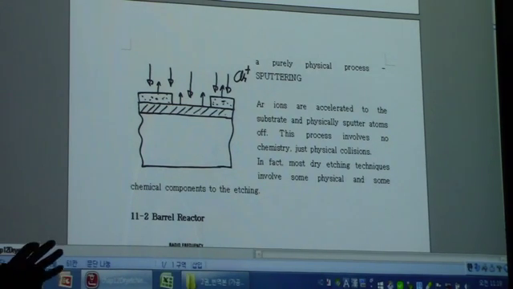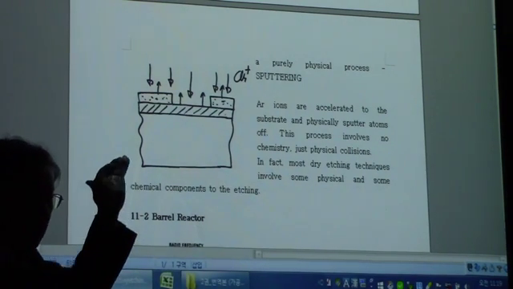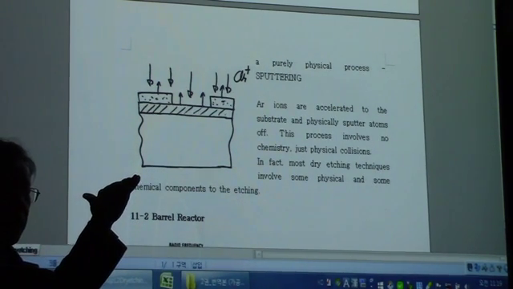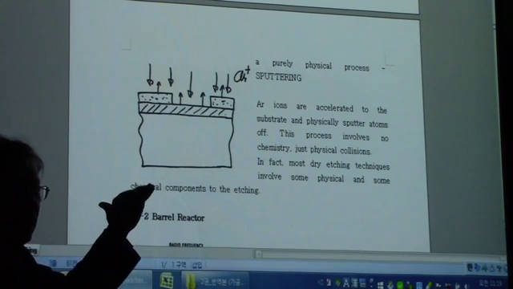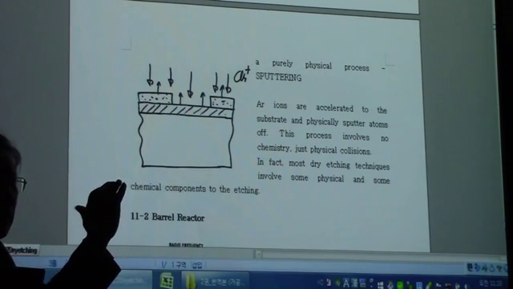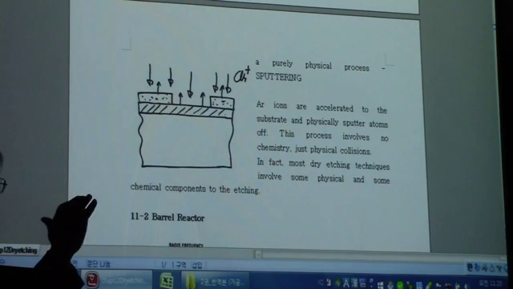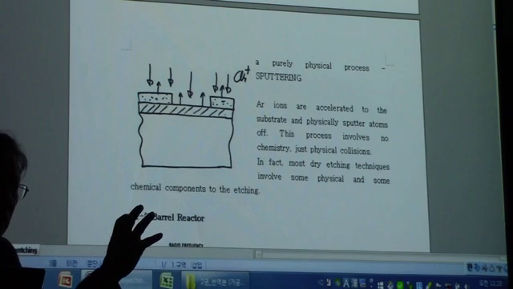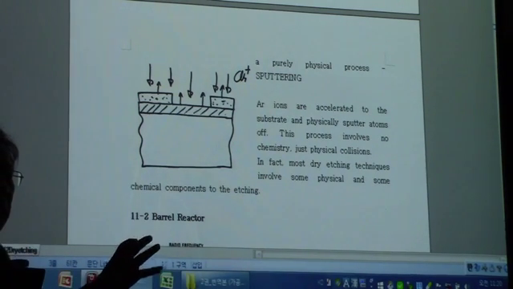So they form a bias in itself, and we call that the self-bias. Even if you apply the radio frequency AC between the two electrodes inside the plasma, you can see the DC characteristic inside it because of the mobility difference between the ions and the electrons in the plasma. We call that the self-bias.